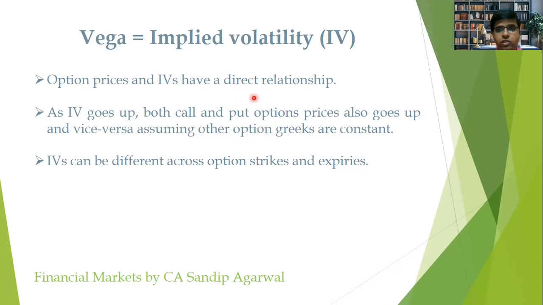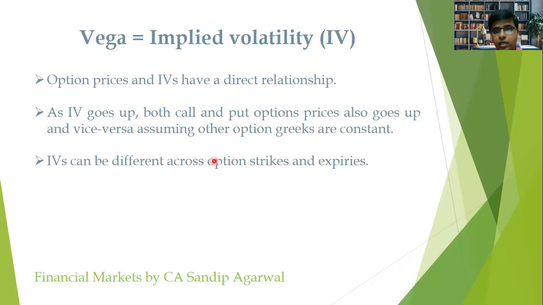I am talking about the change only in the IV, assuming that the other Greeks are constant. In case there is a movement in the other option Greeks as well, then the option prices will change according to the change in the other option Greeks as well.